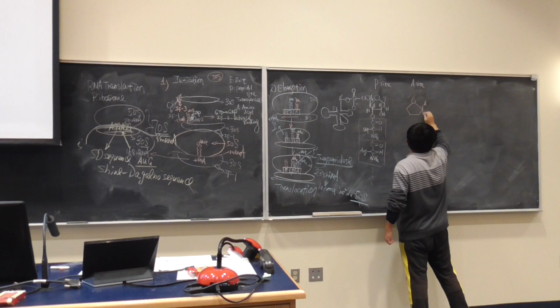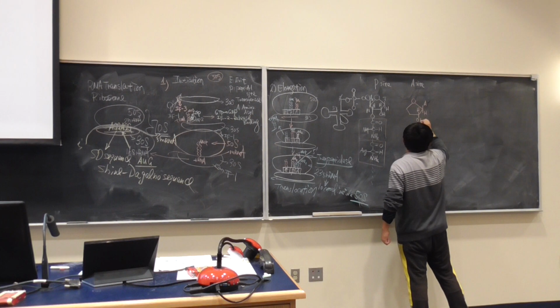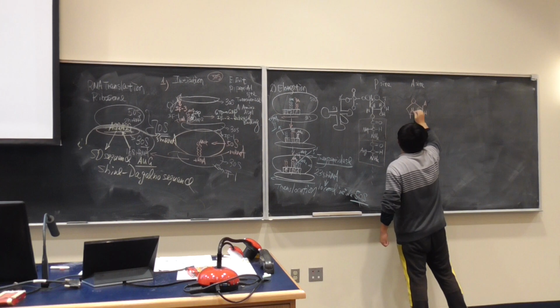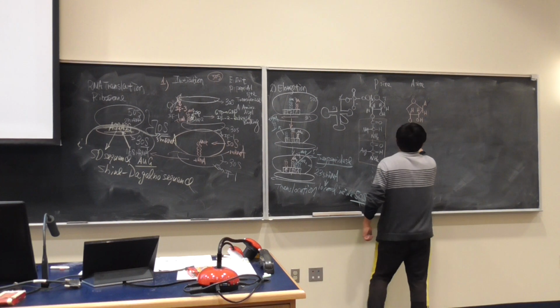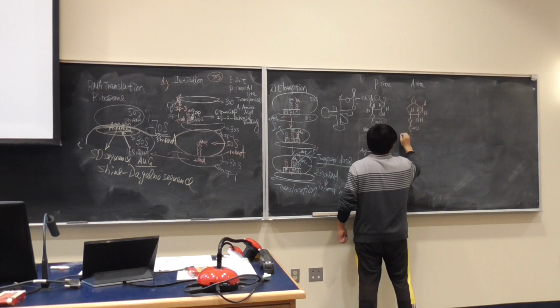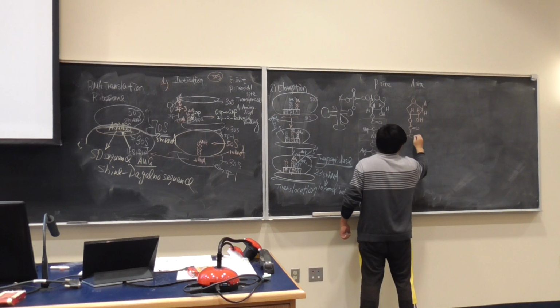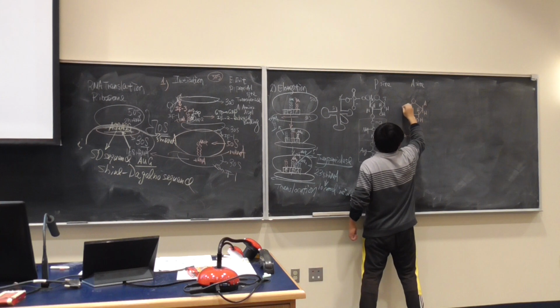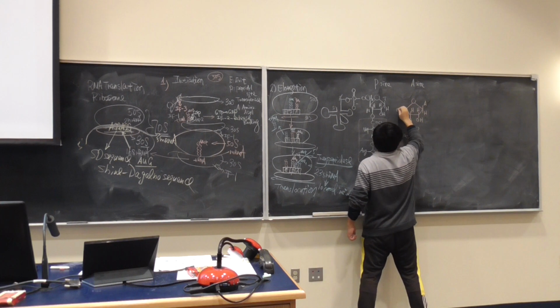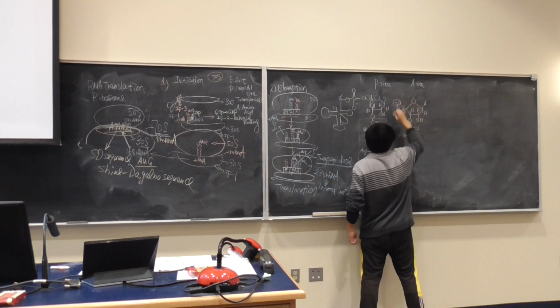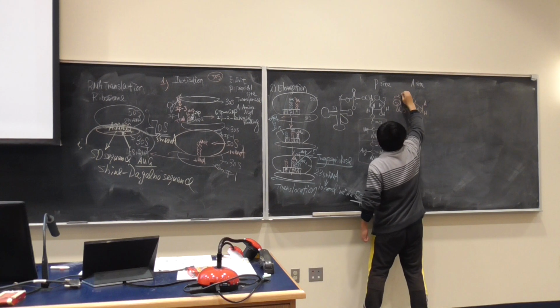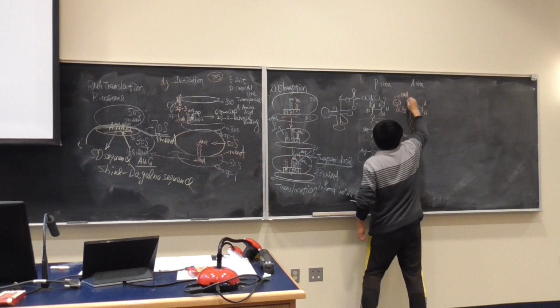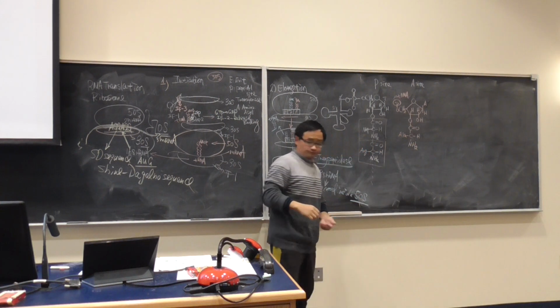You have H, OH, H, O, then you have C, O, then you have H, NH2, then you go here, this is CH2, O, that's phosphate, and the tRNA is right there. We just draw briefly.